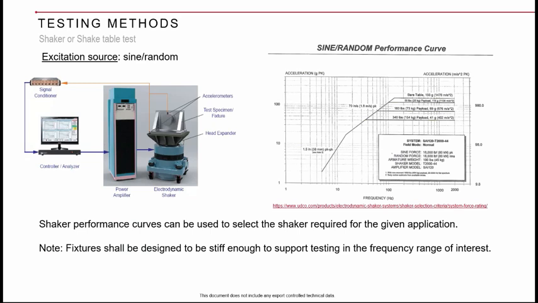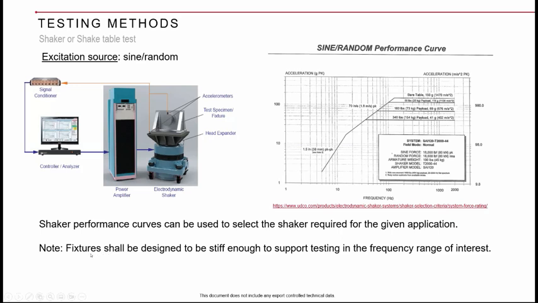Again, for shake table test selection, you have to make many considerations. To keep it high level, I am just showing you this performance curve, which you can get from the data manuals of the shaker that you are adopting. Based on the mass of your component, the slip table, as well as the fixtures, you have to consider everything, that is the payload, and then you can identify whether your shaker is sufficient to drive the forces that you are intending to test to.